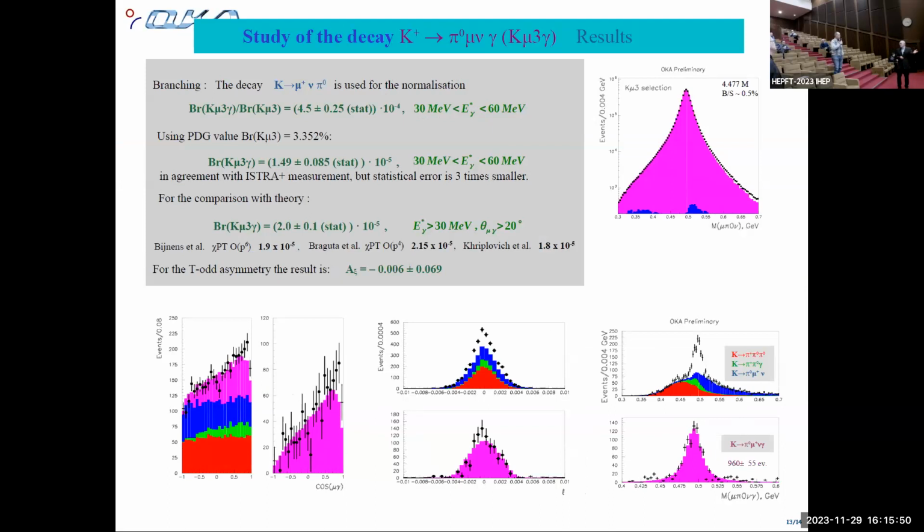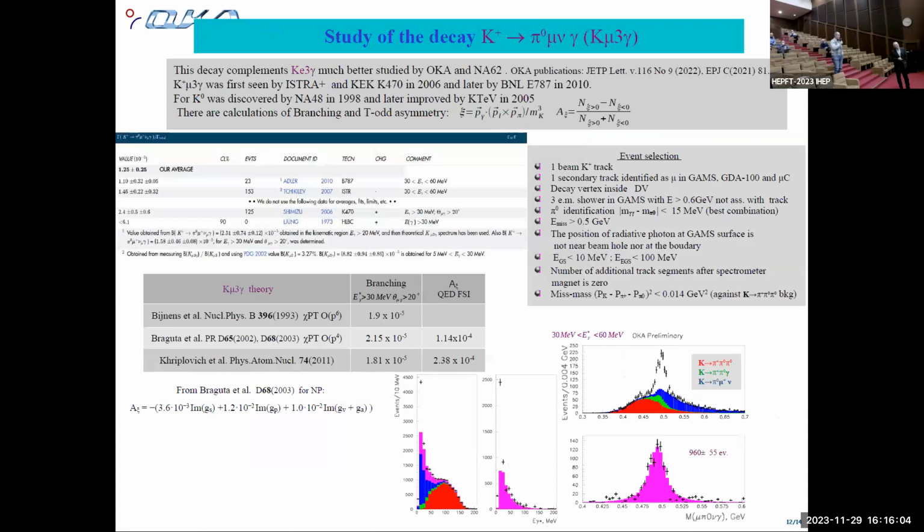It may be interesting to set limits on the parameters that people use in this field. We can do that in future.